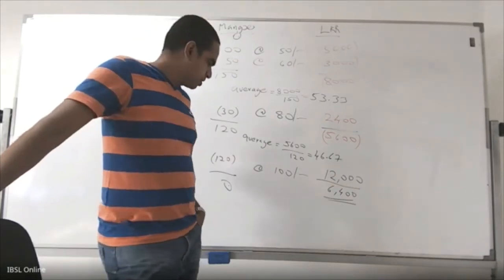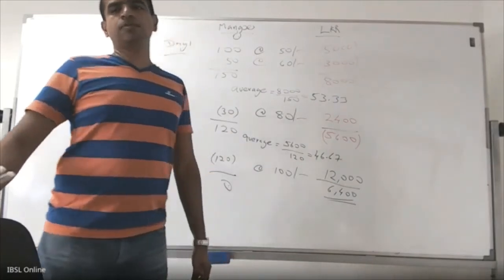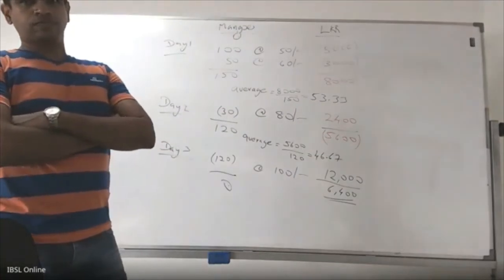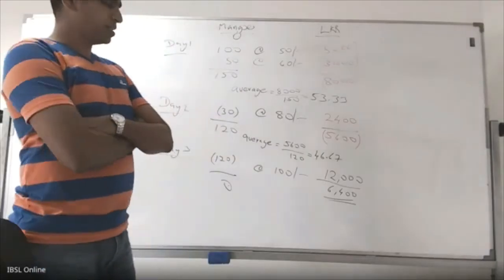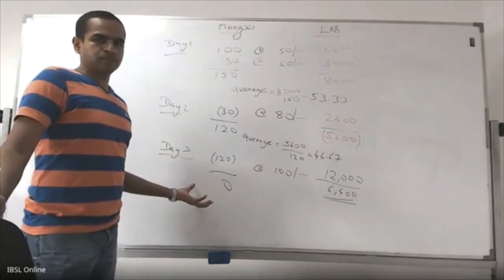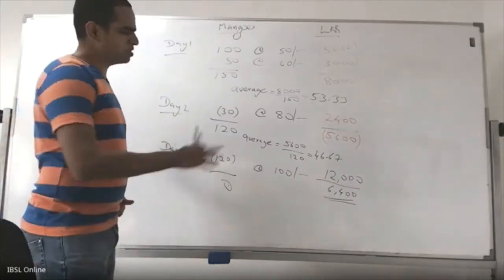If the price of a mango on day 4 becomes 0, what happens to your profit? Yeah, nothing happens, sir. Yes, exactly. So if you have no exposure to mangoes, your profit, nothing happens. No exposure means nothing happens at all.